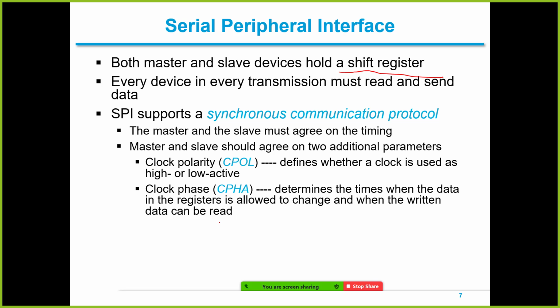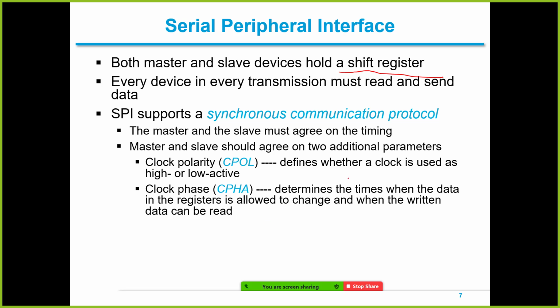So we use the shift register to implement this serial transmission. Every device in every transmission must read and send data. So the slave and the master, all of them should read and send data.